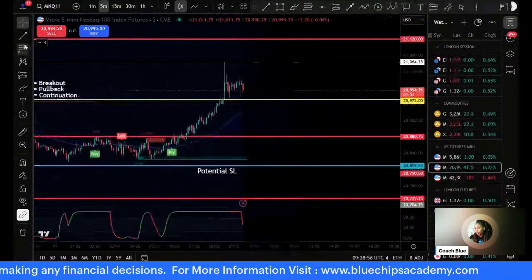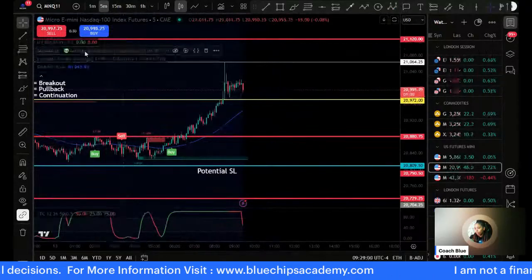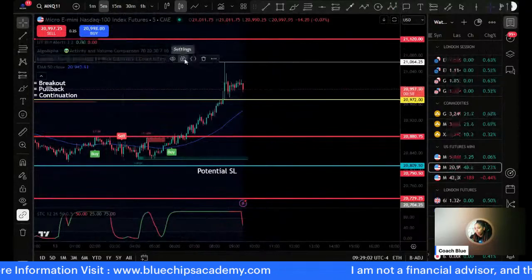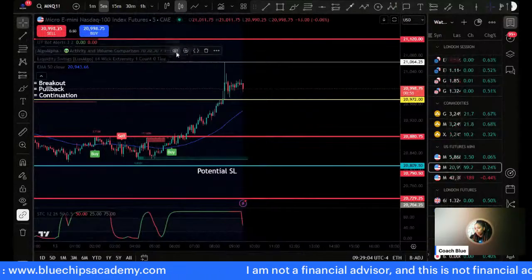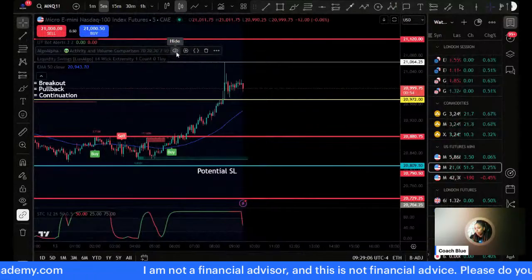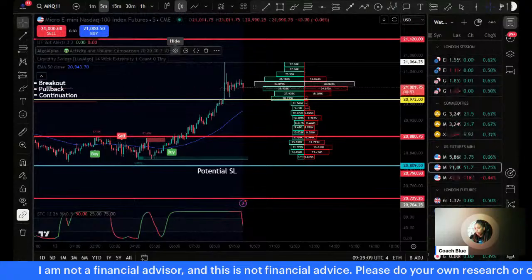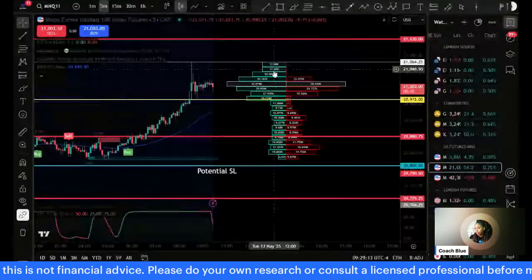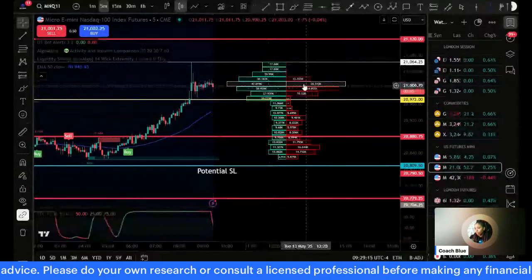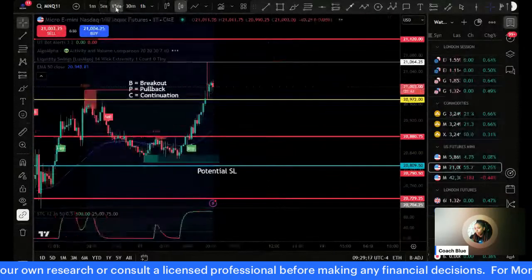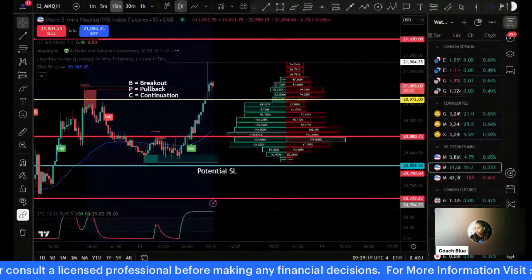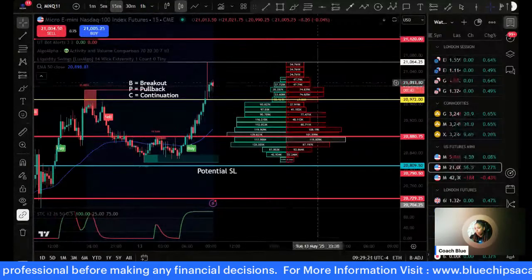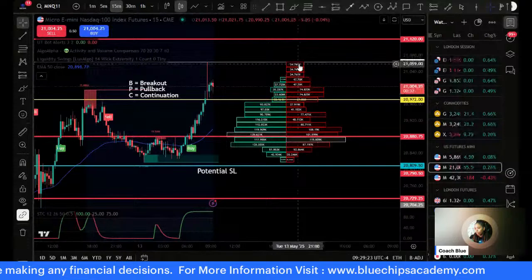Let's look at our volume order flow to see how much money is moving in the market right now. We got 50 seconds, guys, until market opens. Looks like we have a lot of buyers in this area, more than sellers. Let's go to the 15 minute. More sellers here.